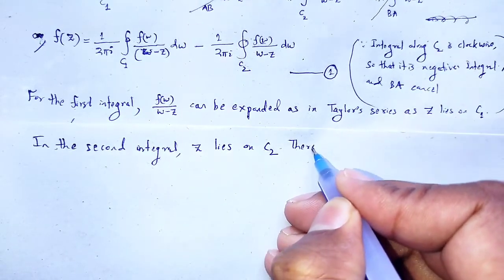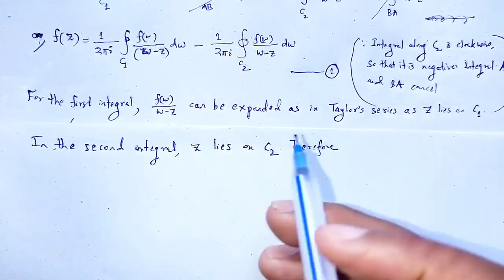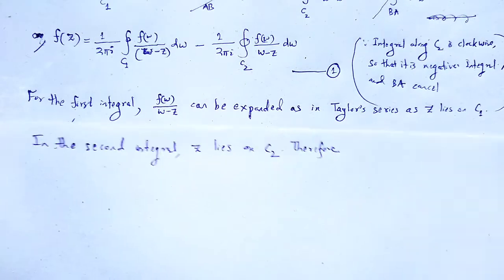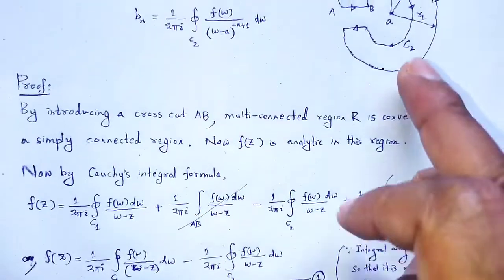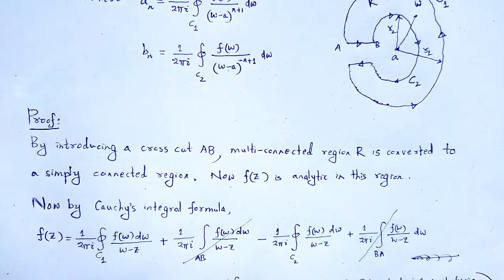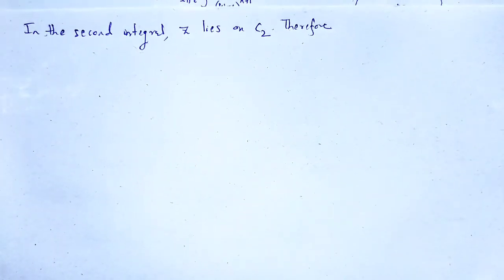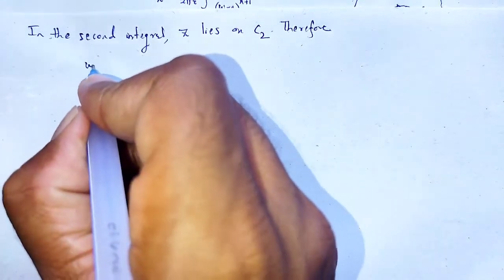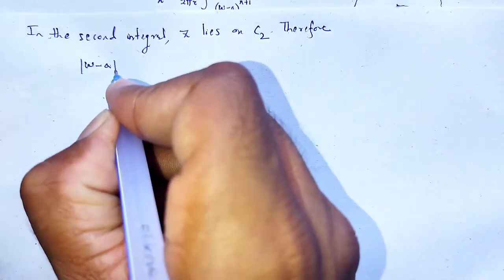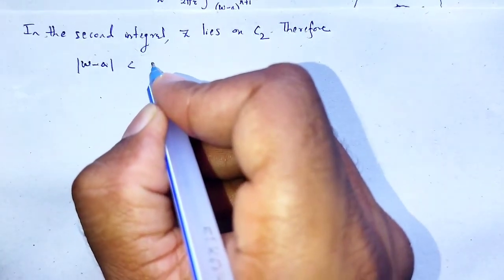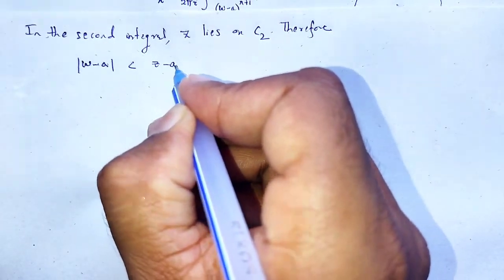Therefore, as z lies on C2, from the figure we conclude that the magnitude of w minus a is less than the magnitude of z minus a.